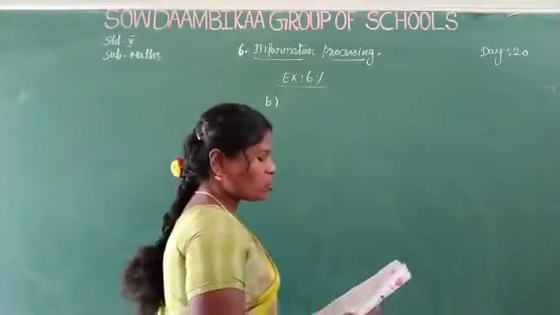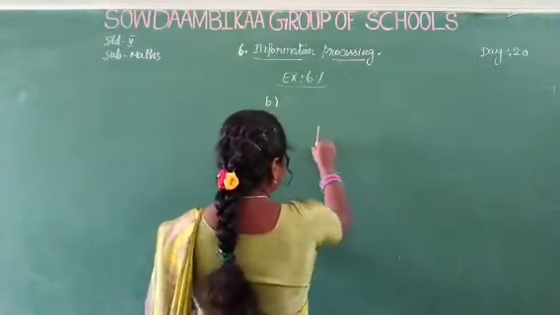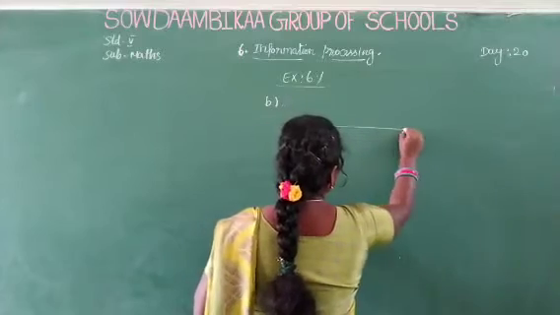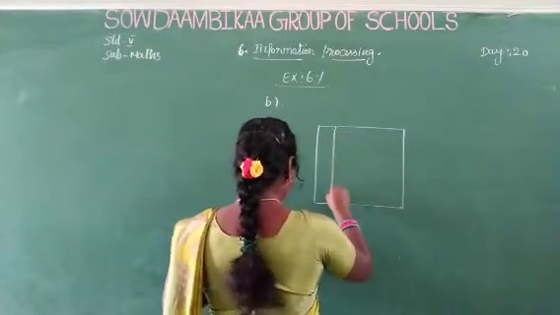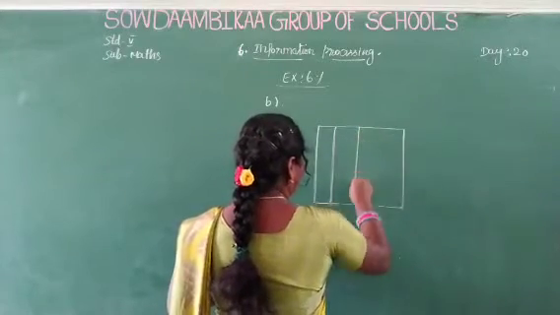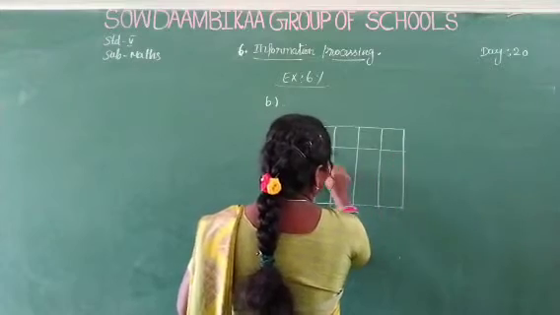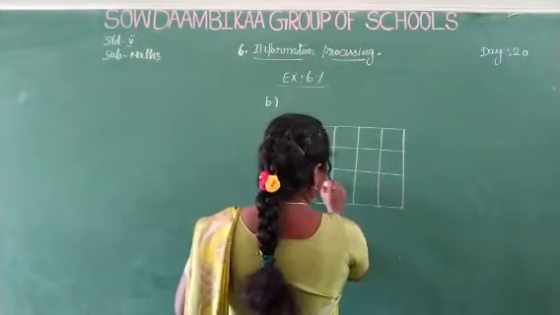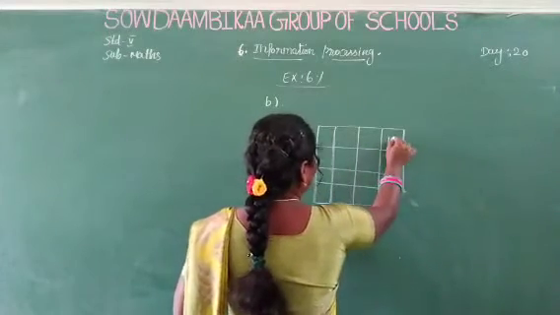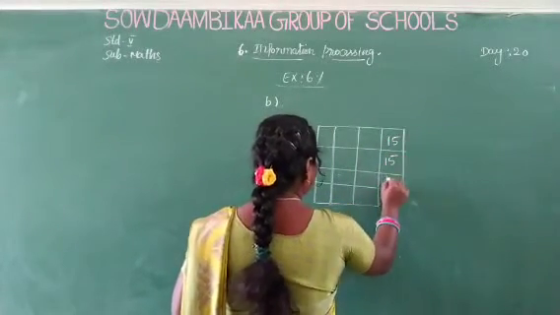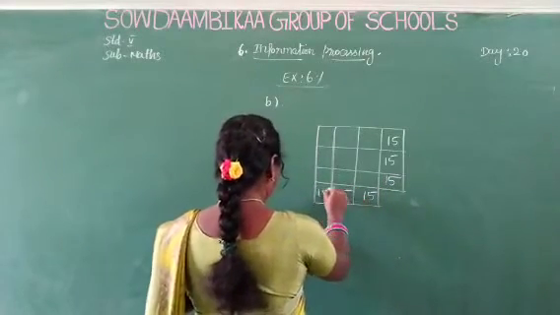Solve 3 into 3 magic square using the numbers 1 to 9. See carefully. The answer is given, but you arrange the numbers. 15, 15, 15.